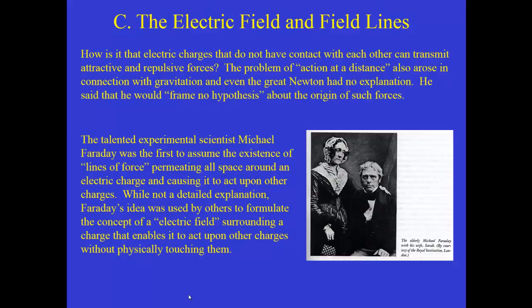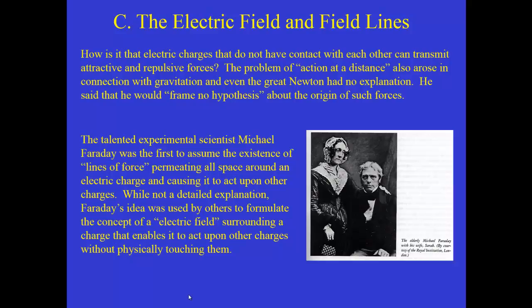So Michael Faraday, who was a very talented experimental scientist in the 19th century, was the first one to propose the idea of the existence of lines of force spreading out in all directions around an electric charge. And he thought of these lines of force, which we couldn't see, but the effects of which you could measure, as causing a charge to act on another charge.